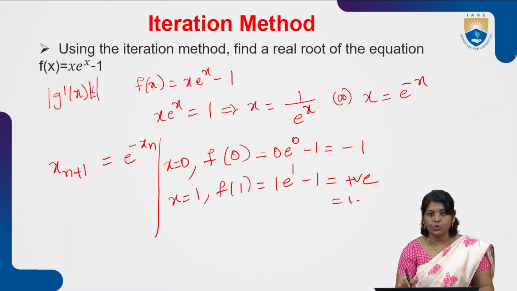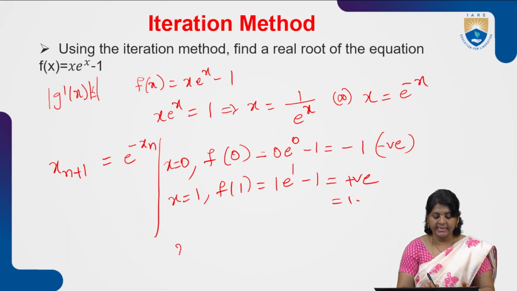Here it is positive and here it is negative. So a root always lies between a negative value and a positive value. We can consider the initial guesses as x0 is equal to 0 and x1 is equal to 1.